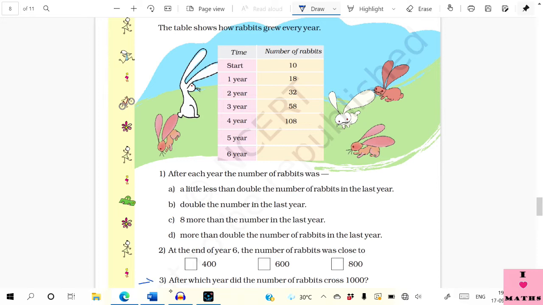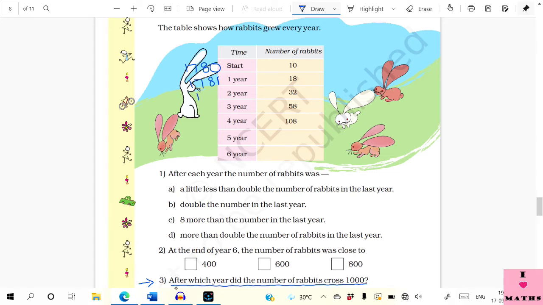Let us do question number 3. After which year did the number of rabbits cross 1000? Now, children, the rabbits were brought to Australia in the year 1780. So 1780 was the year when the rabbits were brought. After 1 year, that means 1781.